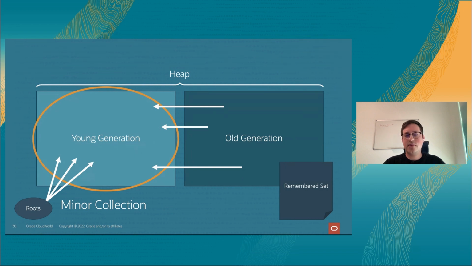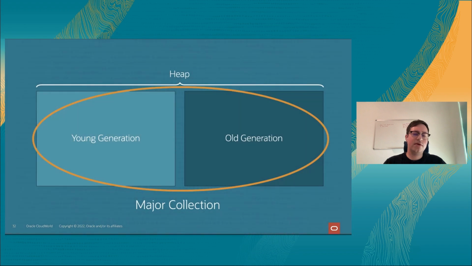This tracks the locations in the old generation where we might come across pointers into the young generation. These are also roots to the young generation. So we use these roots to trace through all the live objects in the young generation. And once we have computed that, we know what objects are garbage, and we recycle the memory.